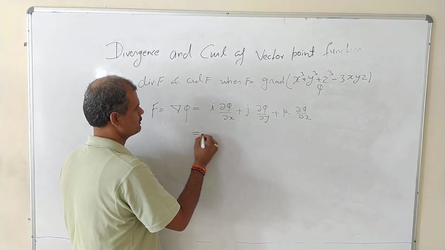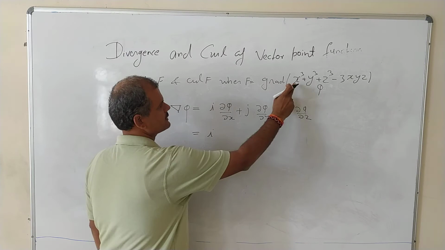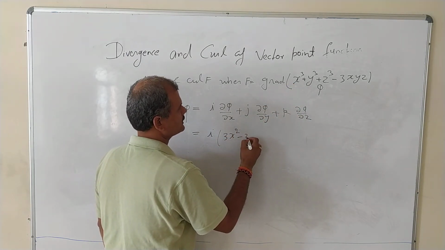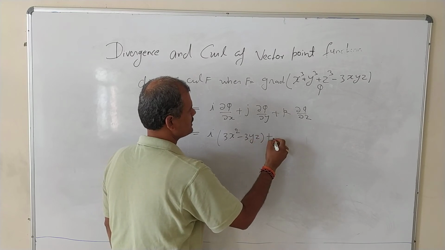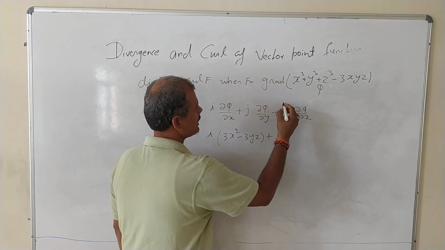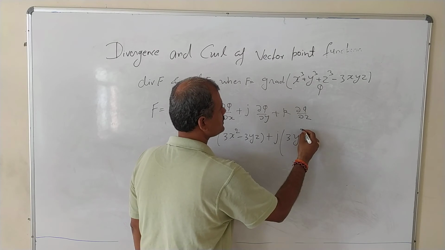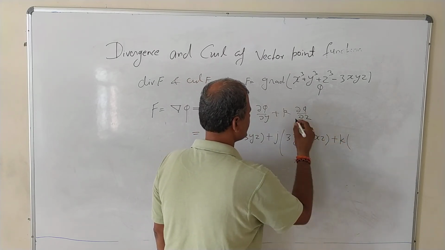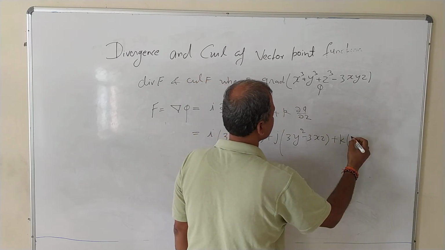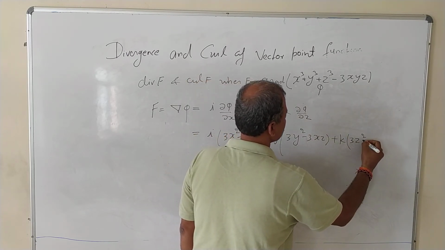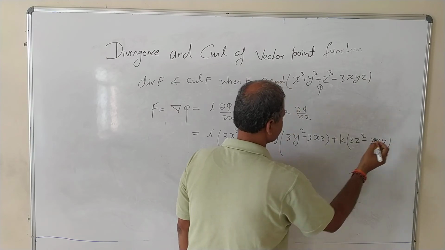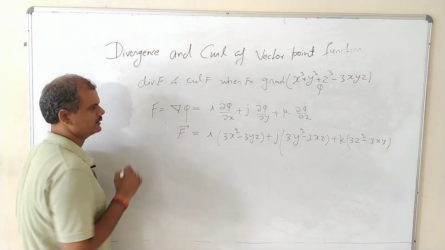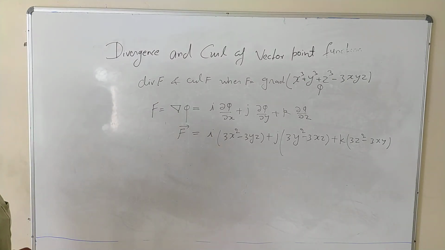So this will be your I del phi by del x, 3x square minus 3yz, plus j del phi by del y, 3y square minus 3xz, plus k del phi by del z, so we get 3z square minus 3xy. So this is your f vector. We found the gradient of phi.